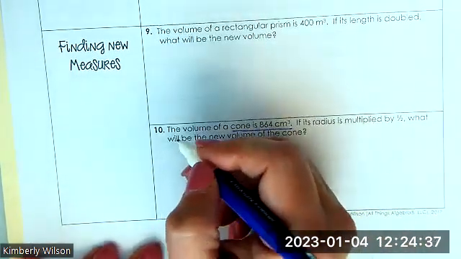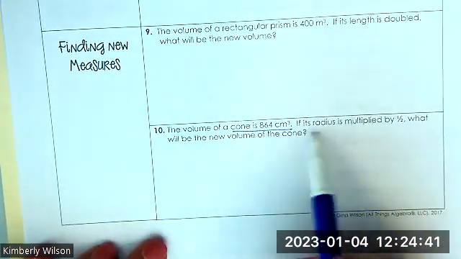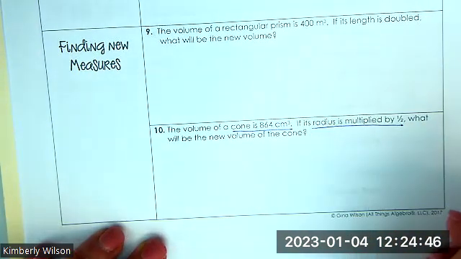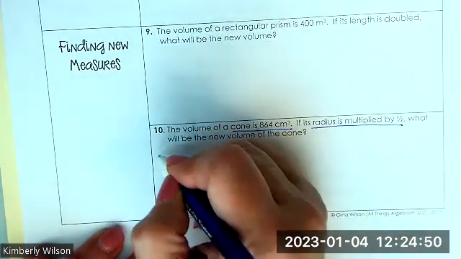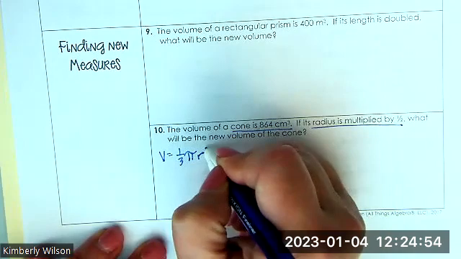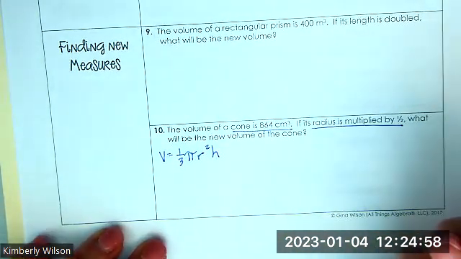So that means I'm using, it doesn't matter because if the radius is multiplied, so we're just doing the radius is multiplied by 1/2. What will be the new volume of the cone? Well, that's where we do have to remember what's our formula. It's 1/3 pi r squared times the height. My radius is squared in this instance.